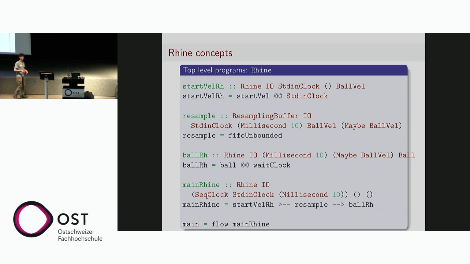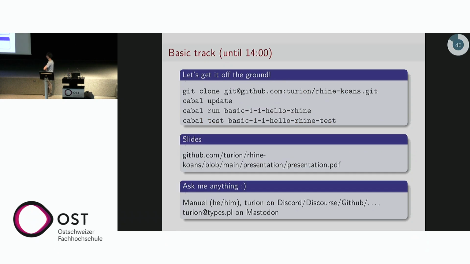So this is where it will catch your bugs. And then when you have a Rhine with no input and no output, or trivial input, trivial output, you can run this with a function called flow. Okay, that's a very fast race through the library.